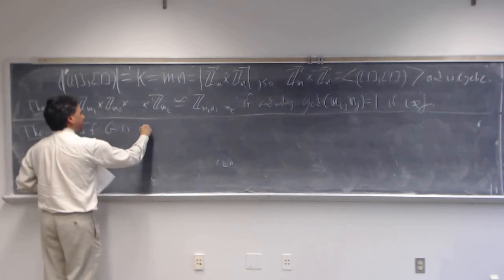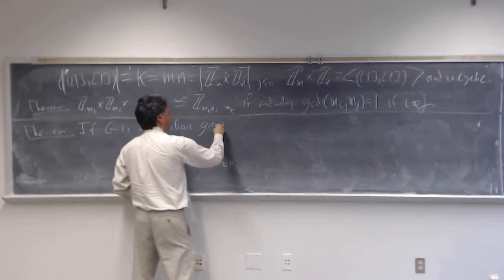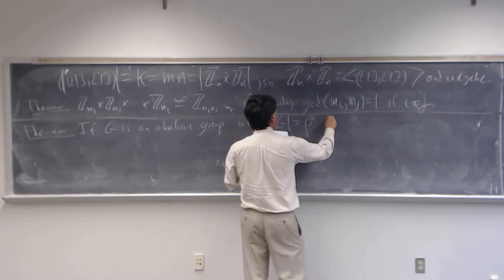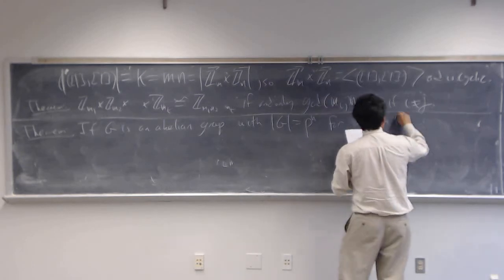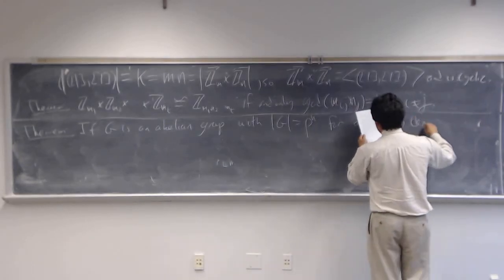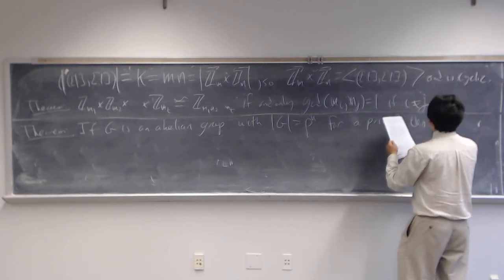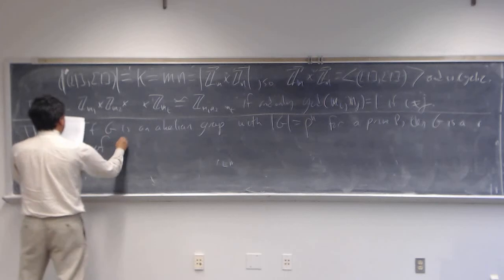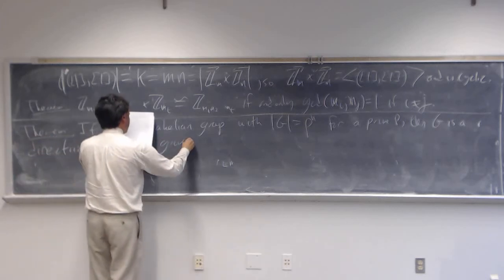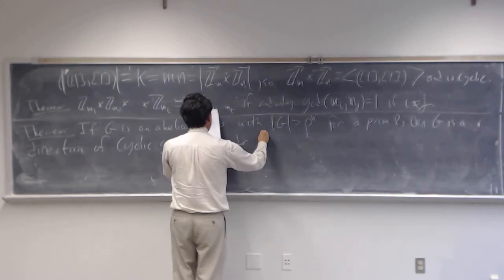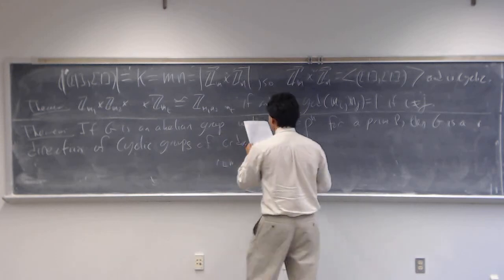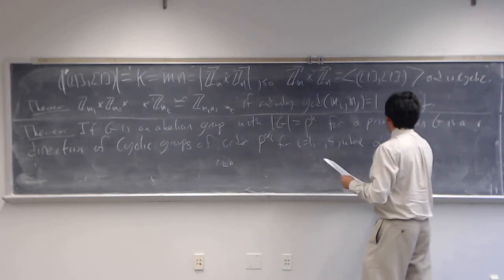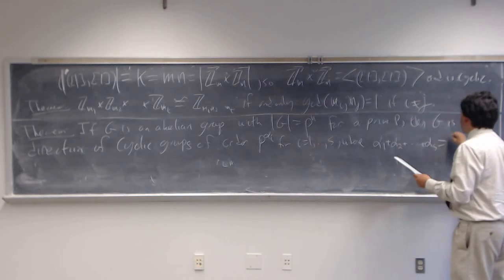If G is an abelian group that has a prime power order, G equals p to the n for a prime p, then G is a direct product of cyclic groups of order p raised to some exponent alpha i, for i going 1 to s, where if you add up all the powers, alpha 1 plus alpha 2, all the way up to alpha s, that's going to be your exponent n.